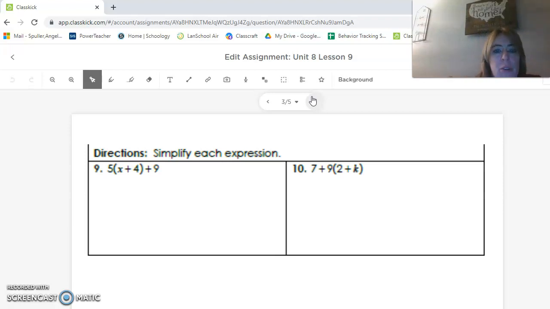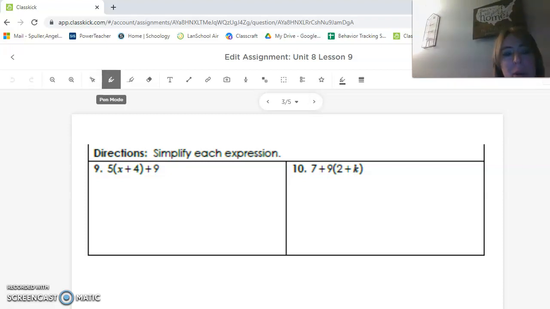All right, so to simplify expressions, we've got to make sure that we're getting rid of everything. Now, we can't combine like terms until we do the distributive property. So let me show you how this works. First off, I'm going to do distributive property with this first half of the expression. So 5 times x is 5x.